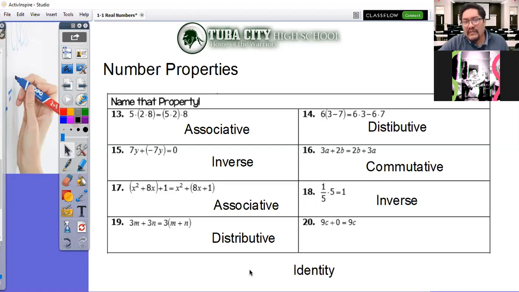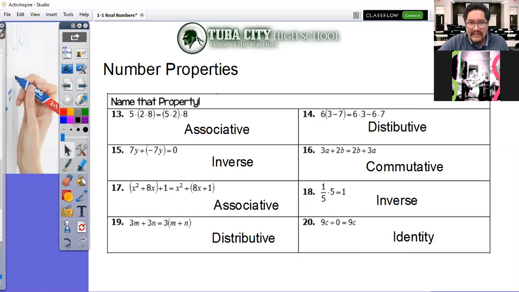That only leaves us with one property left. In this case, you probably already knew that. I'm just moving the letters over, and this would be identity. Identity again means that nothing changed. It's the same as it was before. So 9c plus 0 equals 9c.